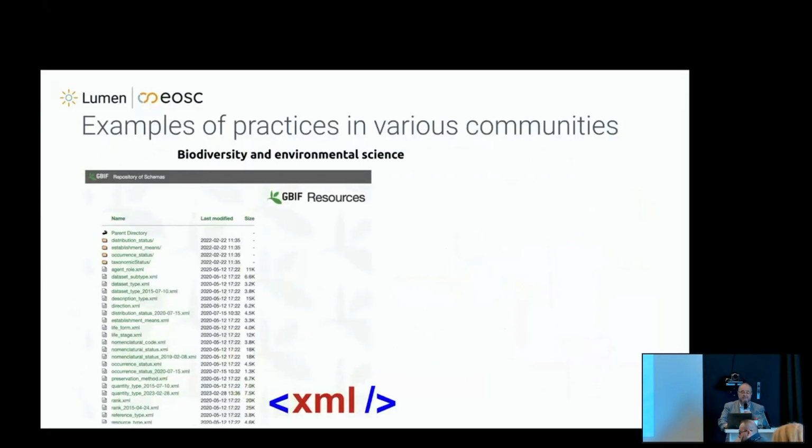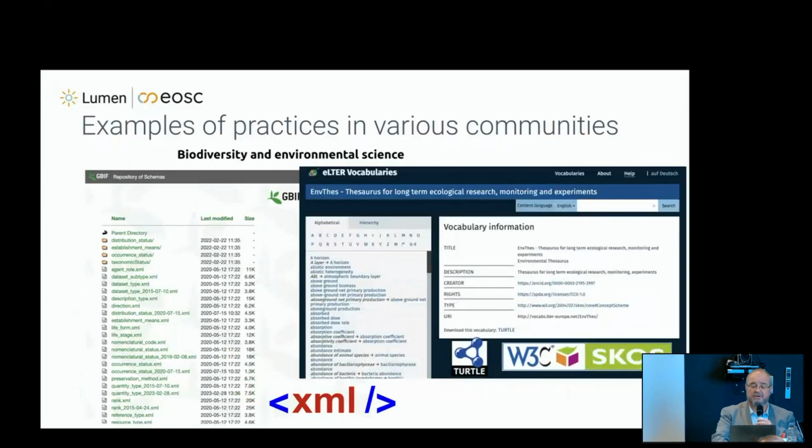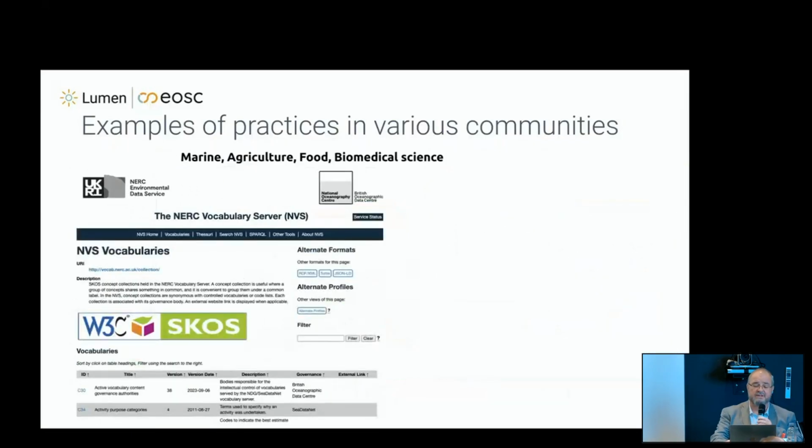Here are just a few examples of practices in various communities. So in biodiversity, for instance, GBIF, right now their ontologies are in XML. If you go a little bit further, you have AltAir, it's a SKOS vocabulary. You have the Environment Ontology, which is an OWL based on OBO Foundry principles. In marine, agriculture, food, and biomedical science, you get a lot of SKOS vocabularies that are served by the NERC vocabulary server for marine.